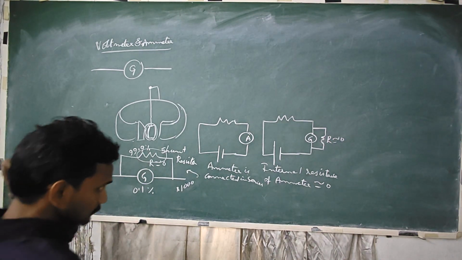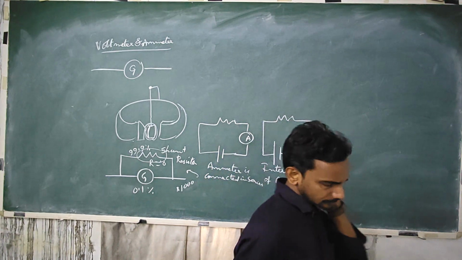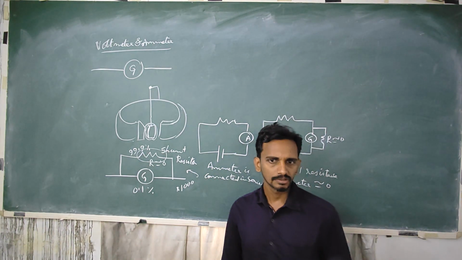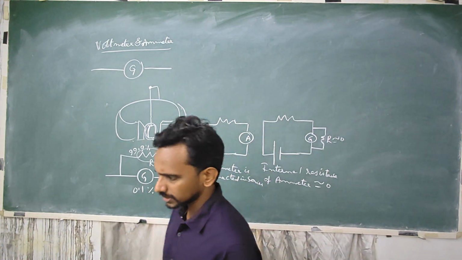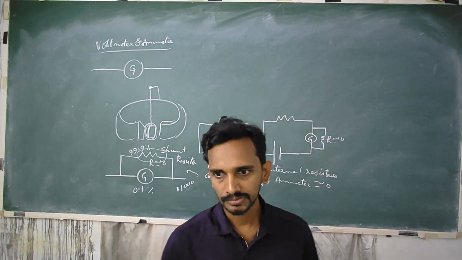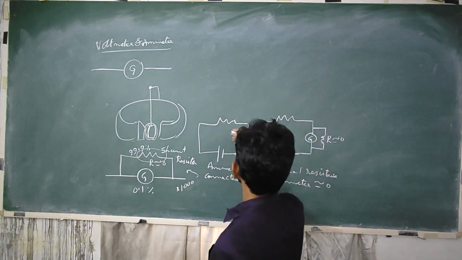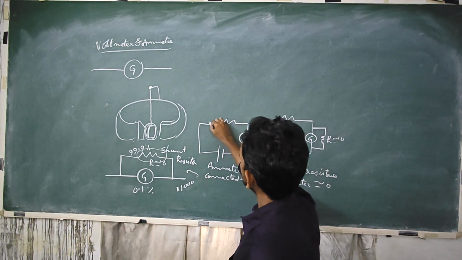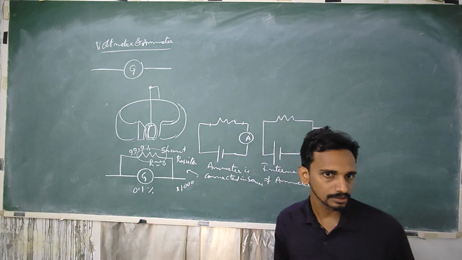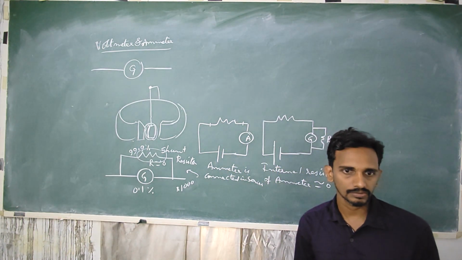Right. So now what about the voltmeter? What does it measure? A voltmeter measures the potential difference between 2 points. Let's say in this circuit, the voltage drop across the resistor needs to be measured. Then what shall we do?